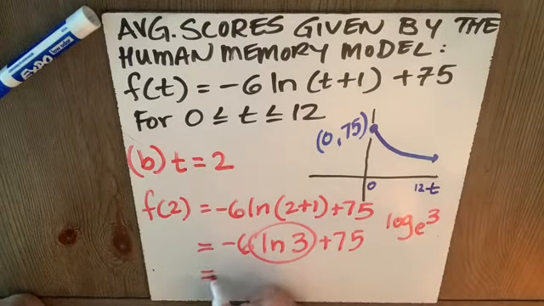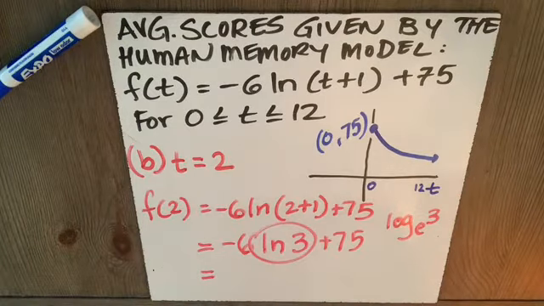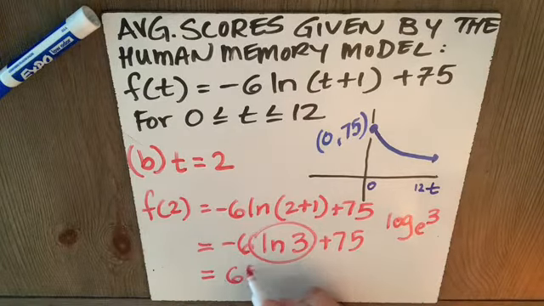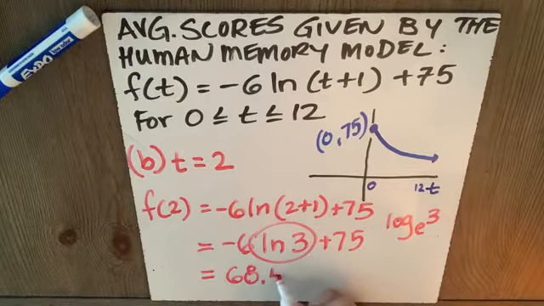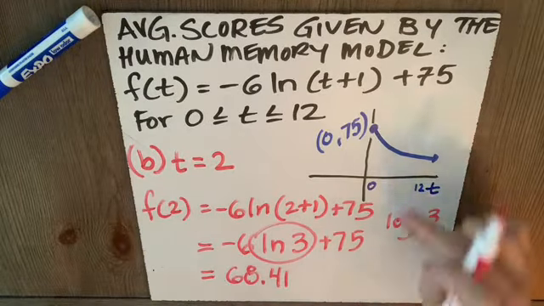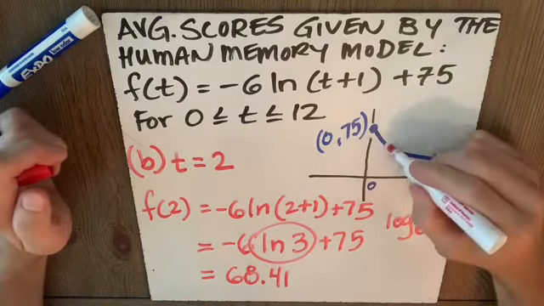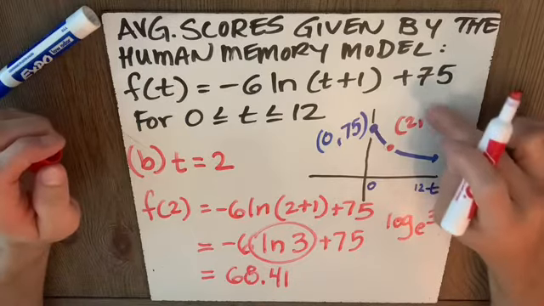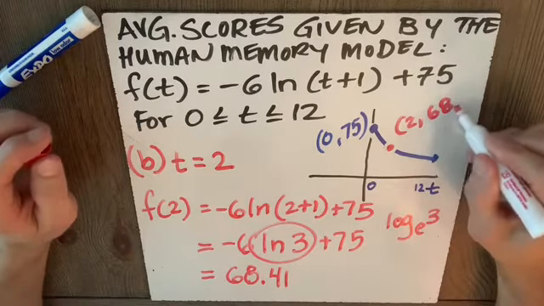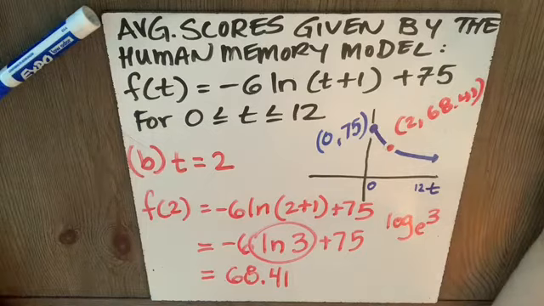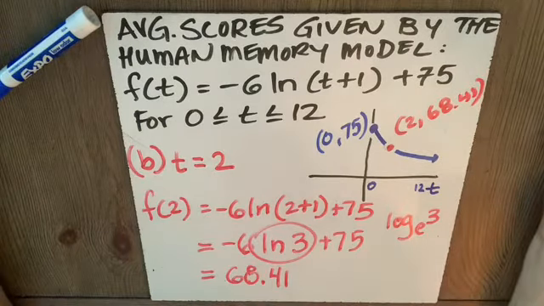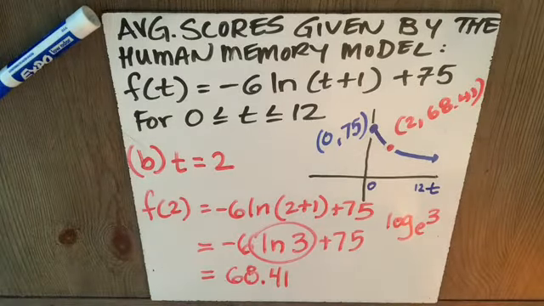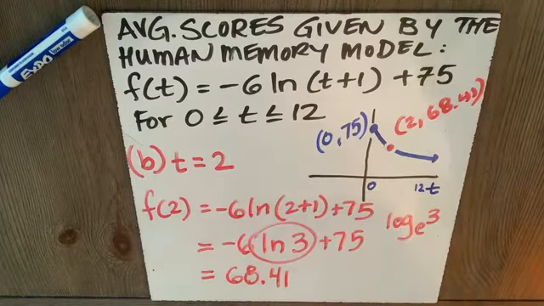I don't know that answer, so in this case I'd have to rely on my calculator. When I put these numbers in, and you can check me at home, I get 68.41, which is here. Good thing it's 68, not 78, because if it was 78, that would mean my retention is going up higher than it was initially after the lecture. So I'm expecting a number less than 75 based on my graph. And I got it, so I'm happy.